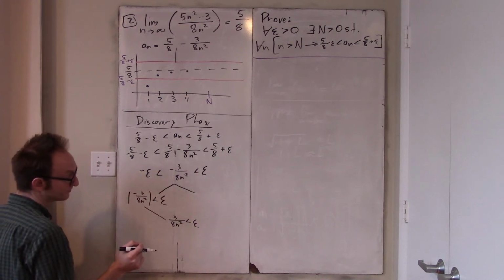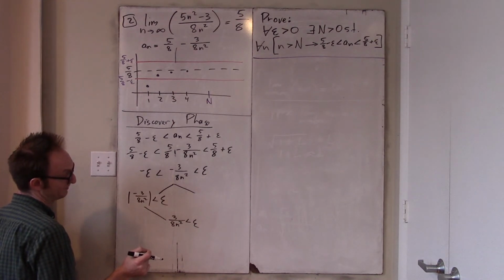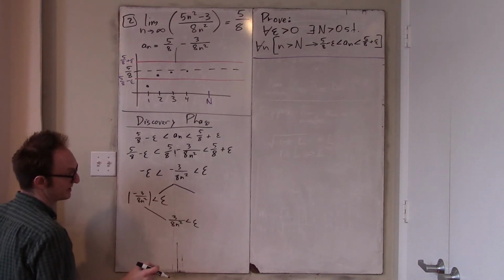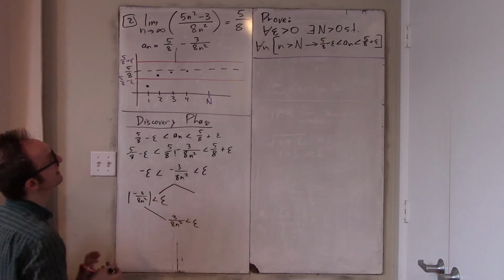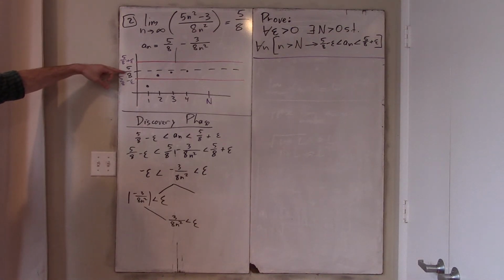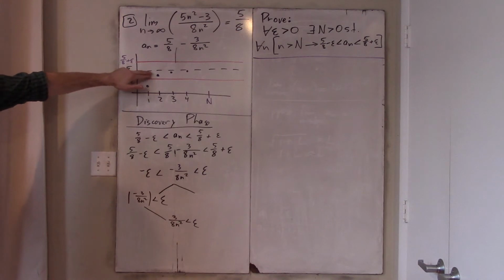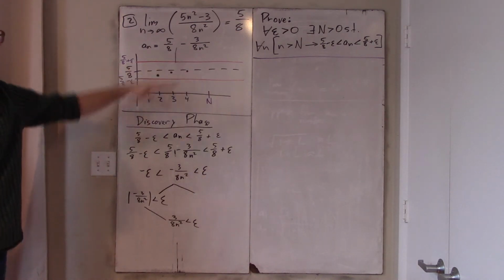Alternatively, what's the alternative? You could ignore the right-hand side and recognize that it's only this lower half, the region between 5/8 minus epsilon and 5/8, that's relevant.